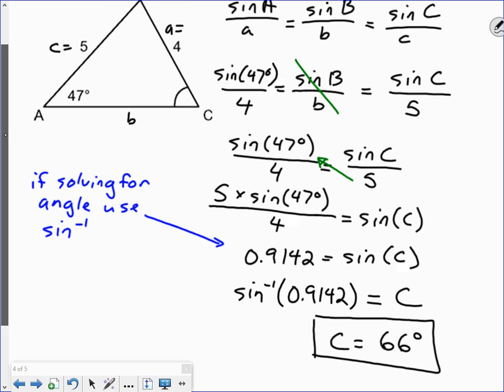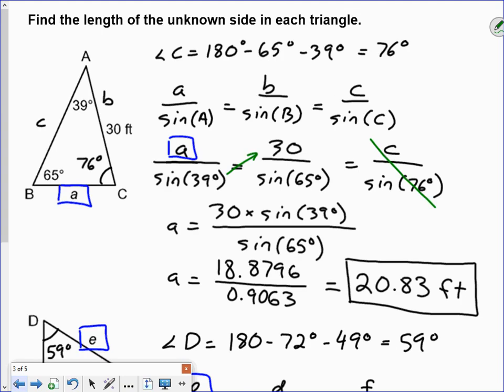So our method is similar, whether we're solving for a side or an angle. All right, we set up our sine law, we fill in our given information. We are going to multiply across that equal sign. Okay? If we're solving for an angle, we have this final step here where we have to do the inverse sine to get the angle that we want.